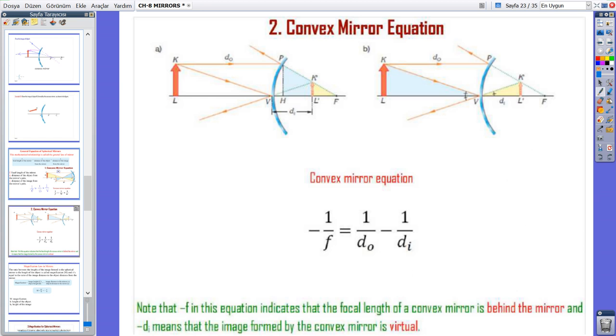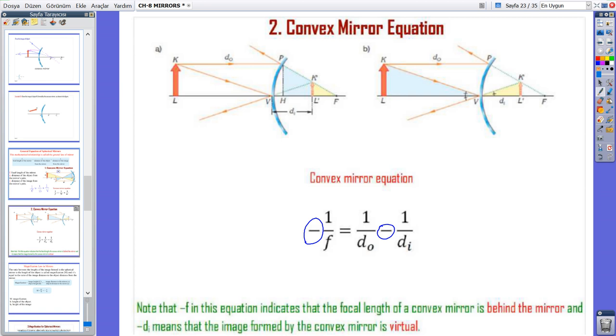This equation we are using for the concave mirror, but for the convex mirror we use the same equation with only one different thing. If you remember about the convex mirror, the image is not real, it is virtual. If any image is virtual, we show the minus.